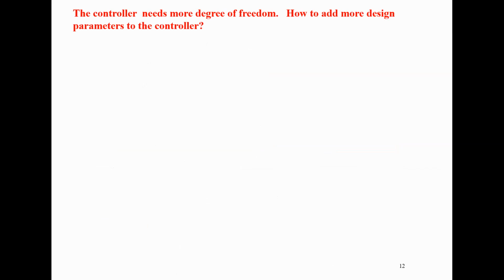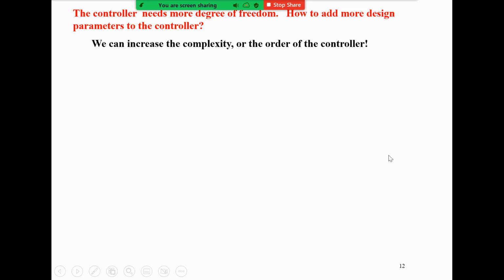How can we get more design parameters for the controller? You are free to design a controller. If the proportional controller doesn't work, what should you do? Right, just make it more complicated, to increase the complexity of the controller.